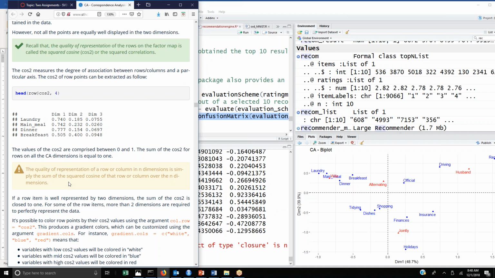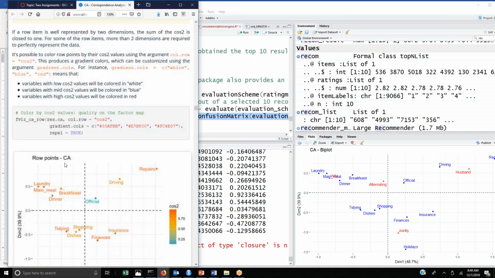I add the second dimension, I add the third dimension, and keep adding and see how closely I'm coming. The least number of dimensions I need tells me how many dimensions I need, because sometimes 88%, 90%, 75%, that's all what I need, and that is explained by 2 or 3 dimensions. That's good enough. Okay, now I do all those things.